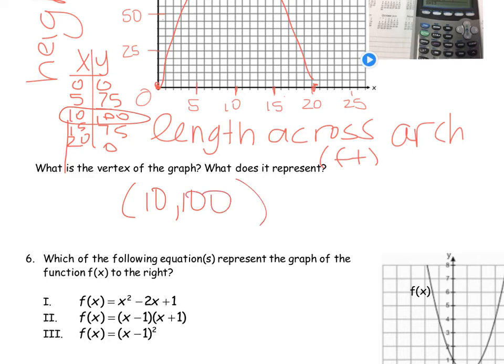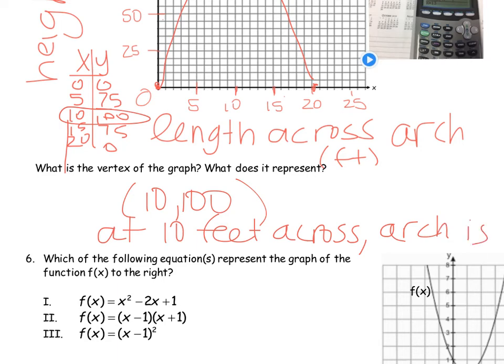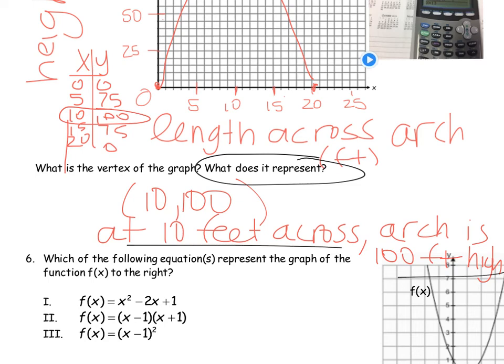That means at 10 feet across, the arch is 100 feet high. So make sure you are writing what it represents in words using your x and y axis.